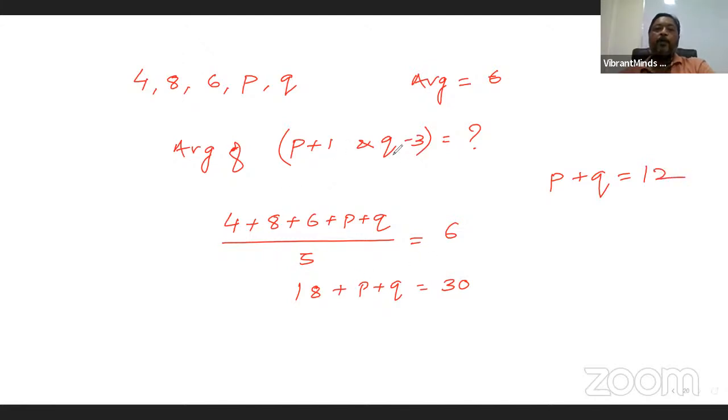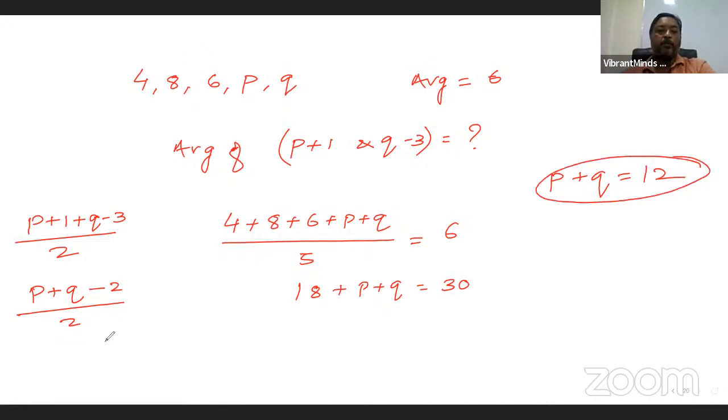Now P plus 1 and Q minus 3: P plus 1 plus Q minus 3 by 2, so it is P plus Q minus 2 by 2. P plus Q we know is 12, so this is 12 minus 2 by 2, that is 10 by 2, and that is 5.